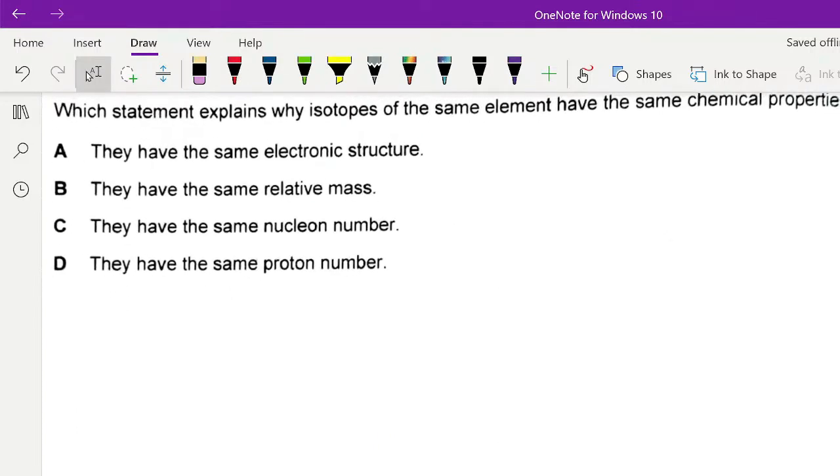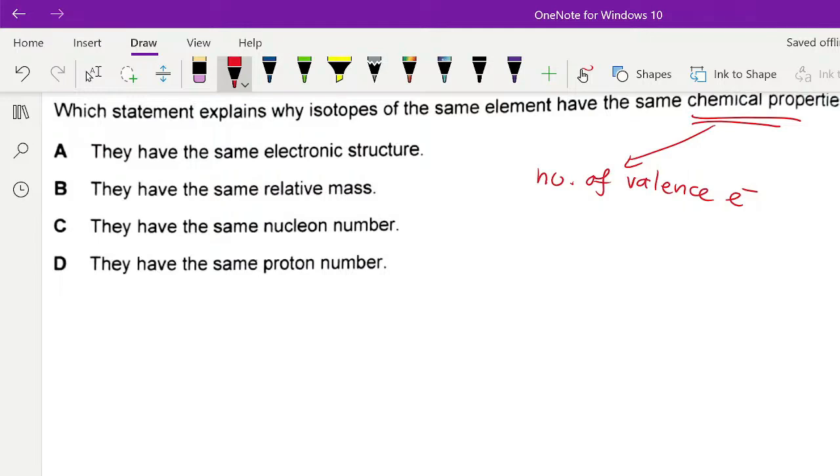So chemical properties depend on the number of valence electrons, meaning the number of electrons on the outermost shell. All right, and that's why elements in the same group have similar properties, because they have the same number of valence electrons.